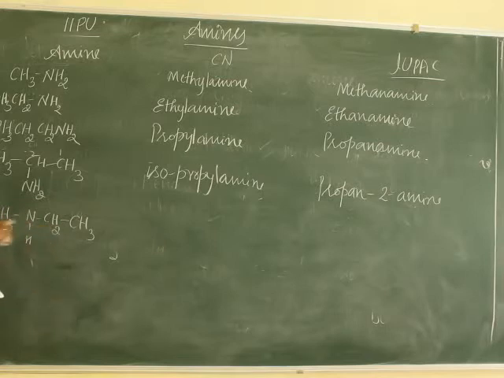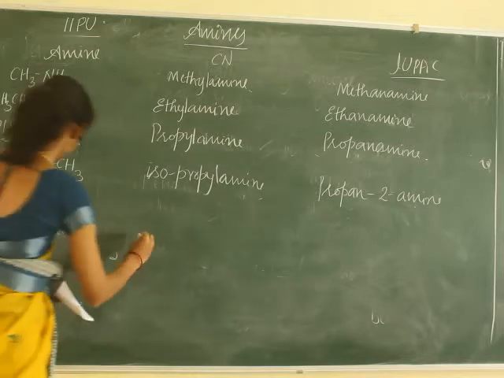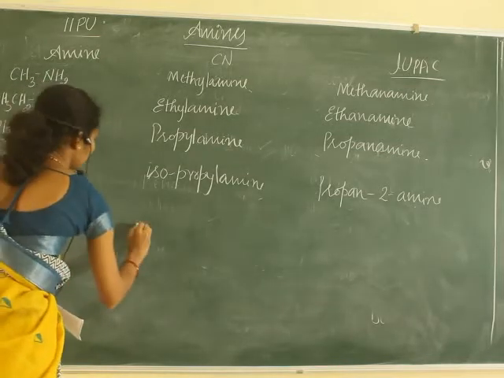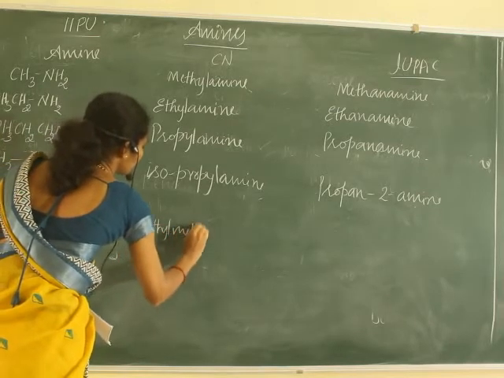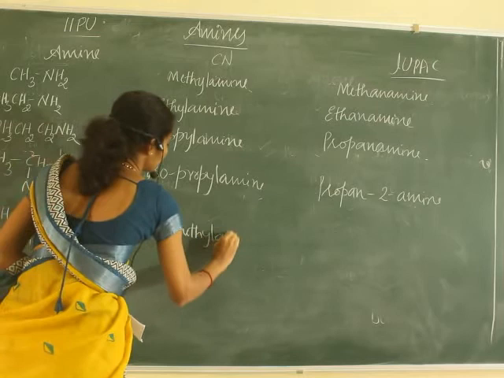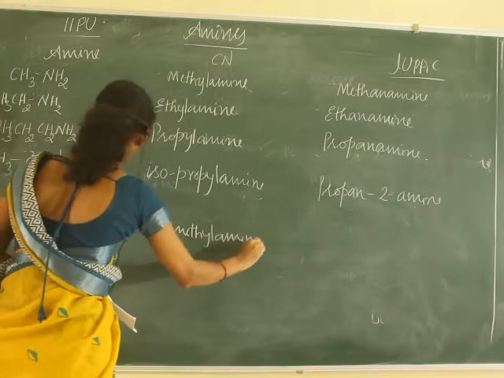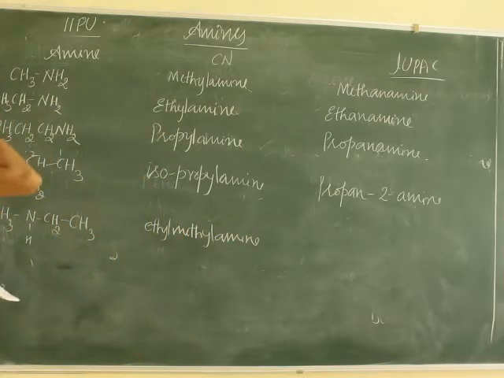So two different alkyl groups are attached. Now the name of this compound is ethyl methyl amine.